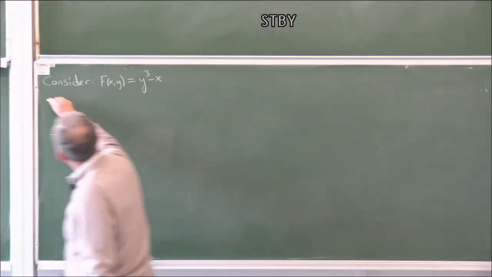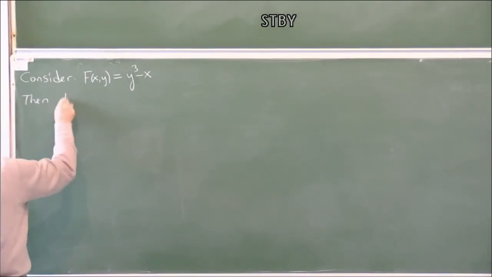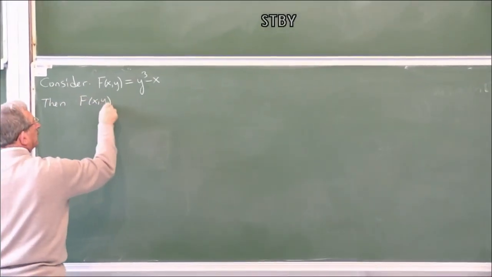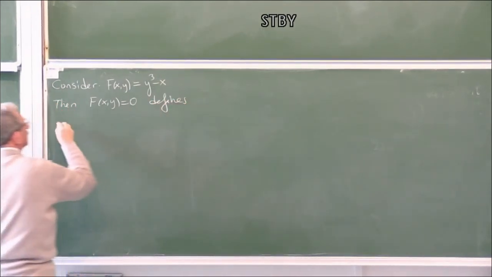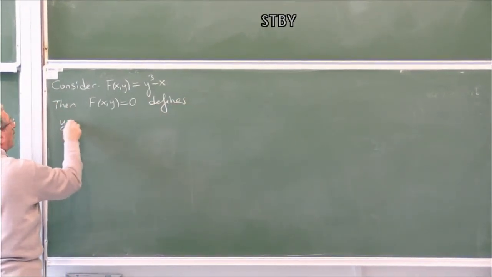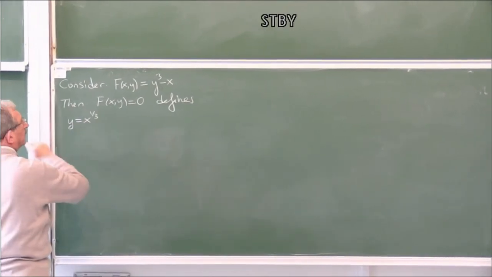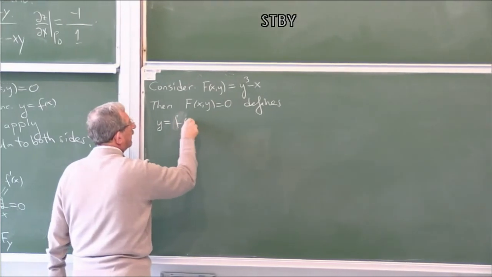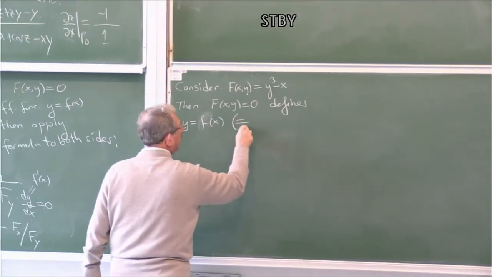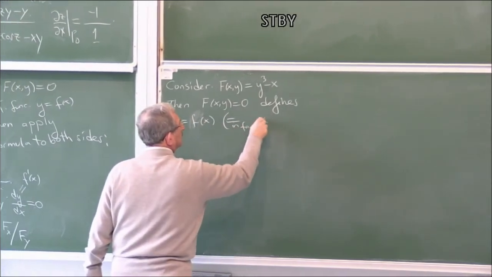Okay. Then f x y equal to 0 defines a function. Defines y, suppose we don't know this, so I will not write that. Defines it as a function. In fact, it is the cube root function.